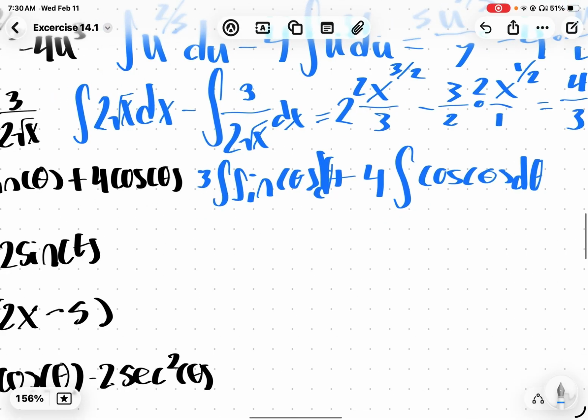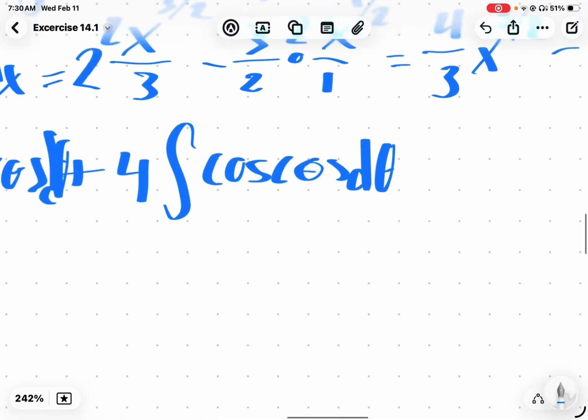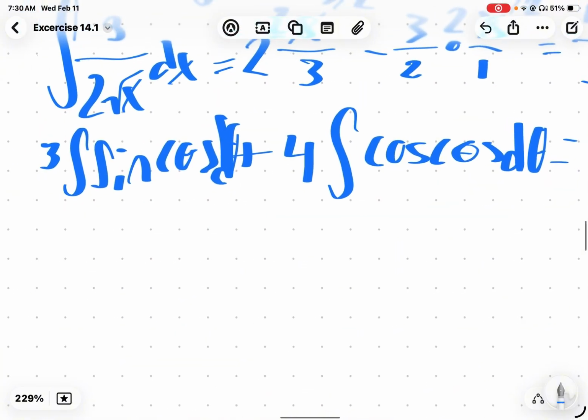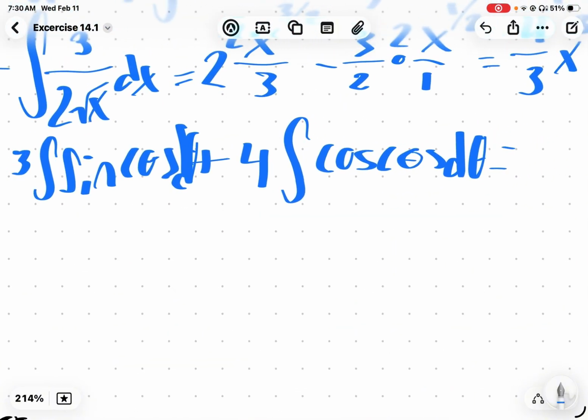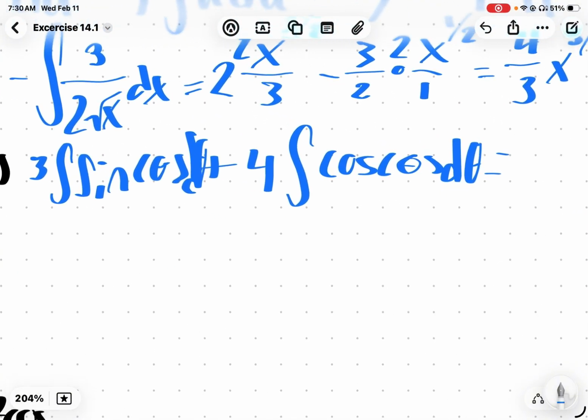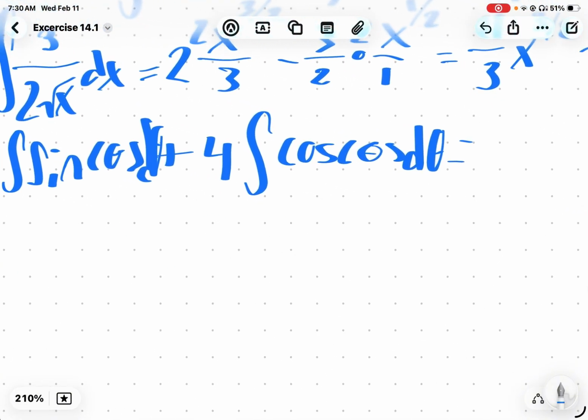And now so the integral of 3 times sine of theta, well, I have to think of the antiderivative of sine. So the derivative of cosine is negative sine, so the derivative of negative cosine would be positive sine.